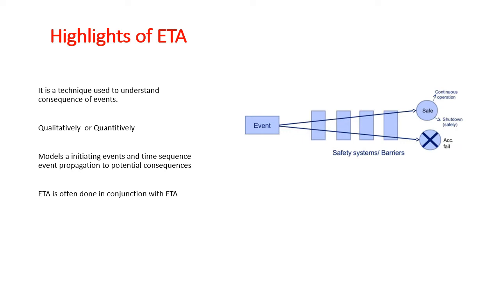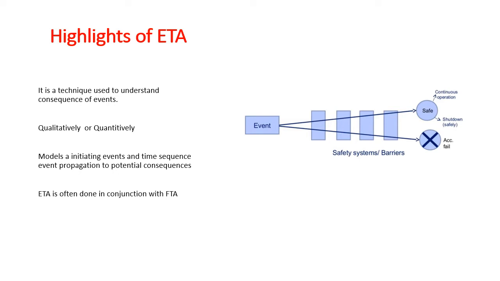So when an undesired event occurs, it needs to move through these different barriers. Some of these barriers may fail, some may remain intact. So depending on the pass or failure of the barrier, our undesired consequence also varies.